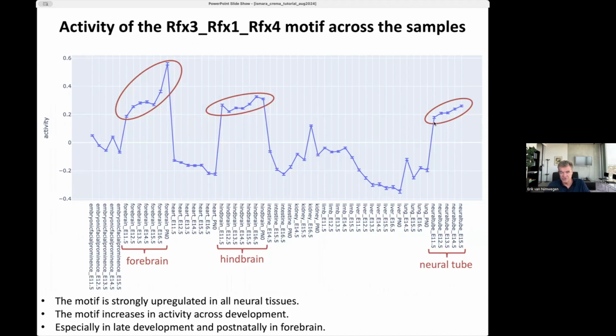So this is neural 2, this is hindbrain samples, this is forebrain samples, and the activity of this motif is going up with time. So it apparently causes in these neural tissues regions with binding sites for this RFX4 motif to become more accessible as time increases along the development. Okay? And in forebrain especially, it shoots up at the last time.